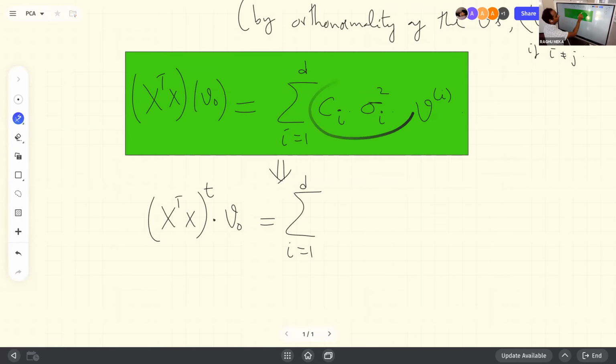The c_i's now are maybe like c_i times sigma_i squared. And if I do the same calculation again, what would I get here? What are the new coefficients? What would the new coefficients be? Sigma_i to the 2t times v_i. Right?